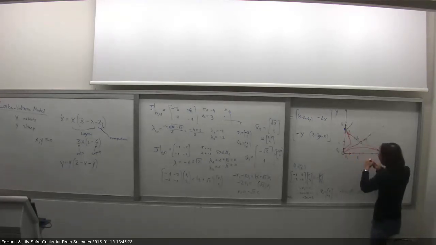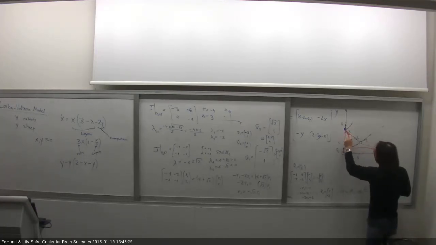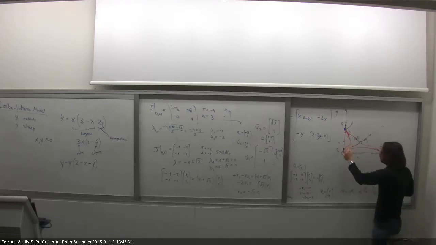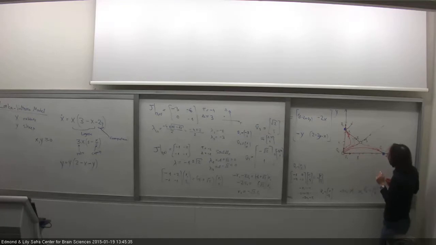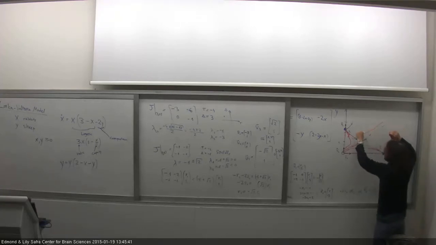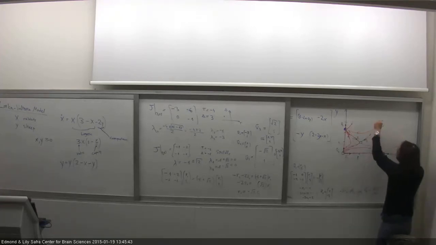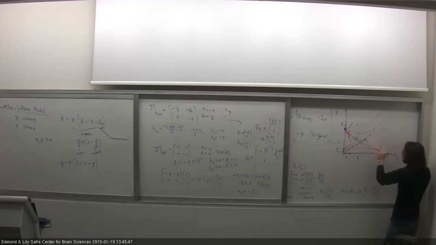But here, things out of 0, 0 go with this curvature, like we found, and here the curvature is different. So we should have some, I don't know, meandering here. And then we have things coming from far away. This should go into these fixed points this way. We don't know exactly how.